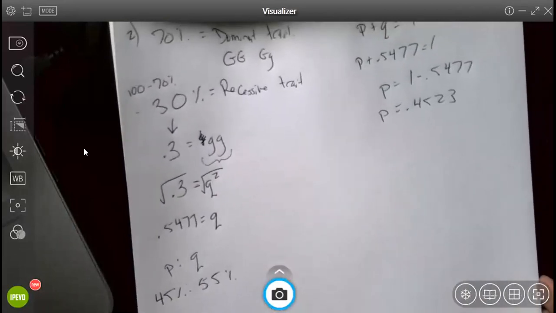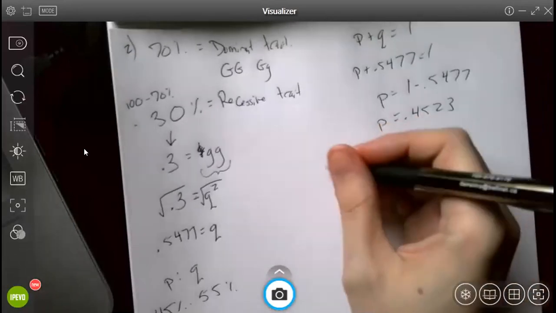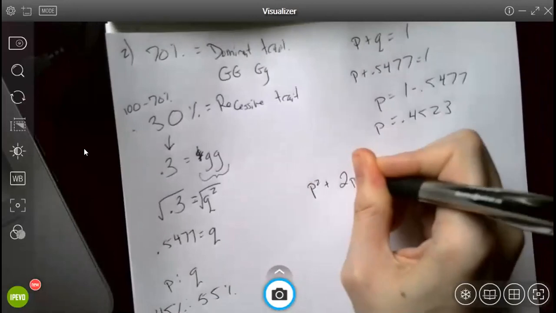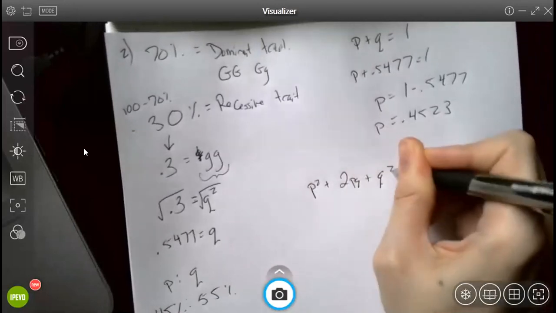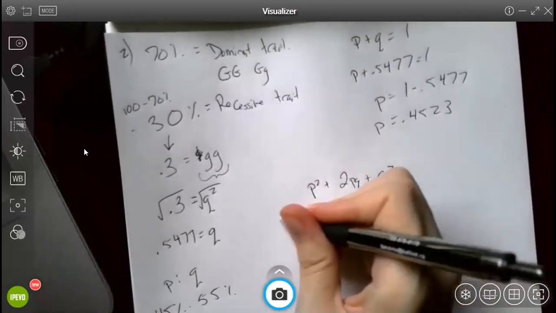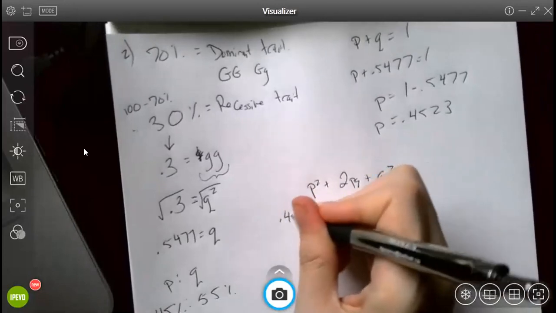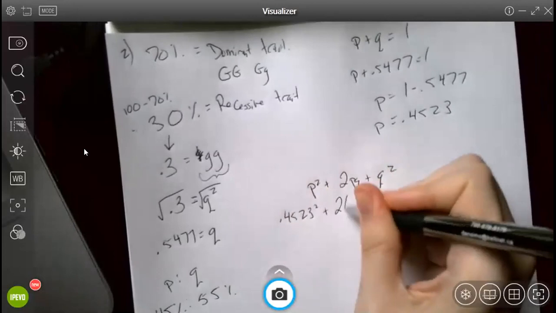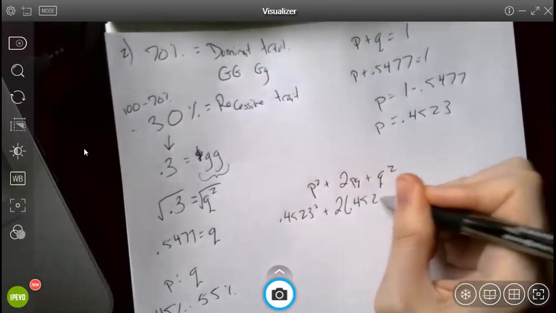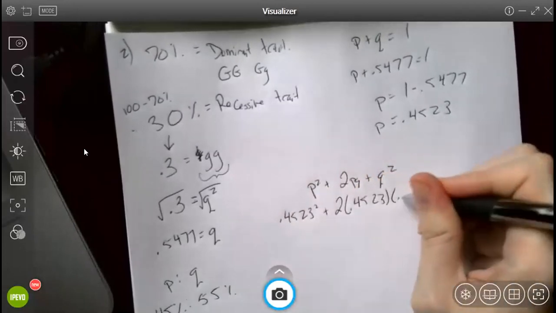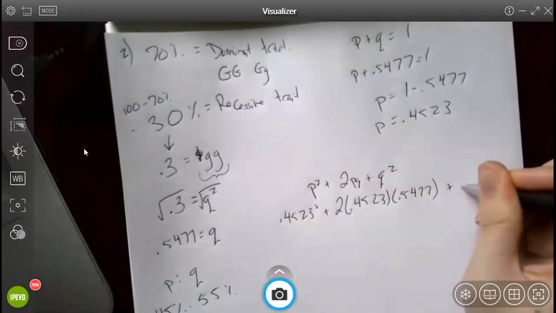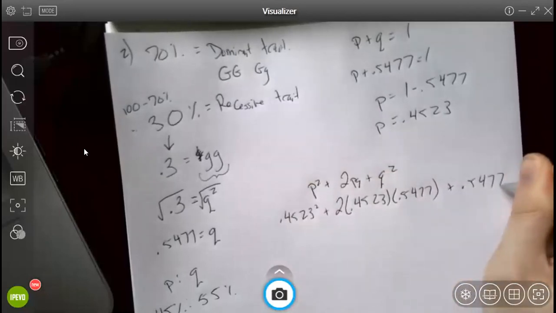Then it wants the genotype frequency, which is where our p squared plus 2pq plus q squared comes in. So I'll do 0.4523 squared plus 2 times 0.4523 times 0.5477 plus 0.5477 squared.